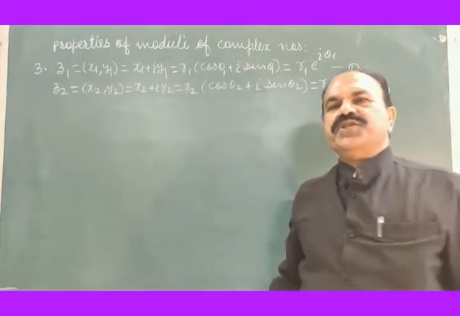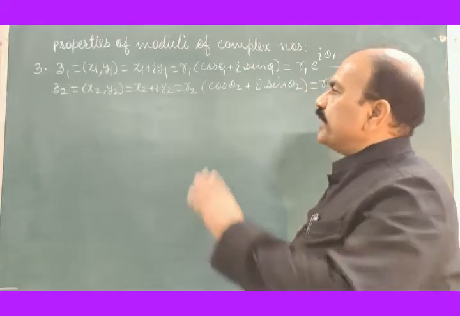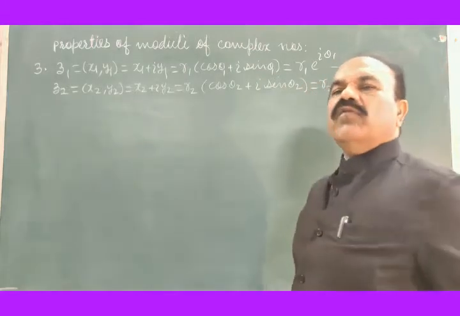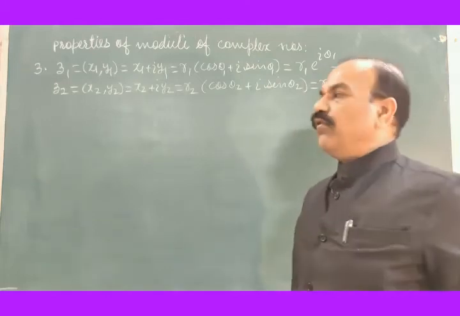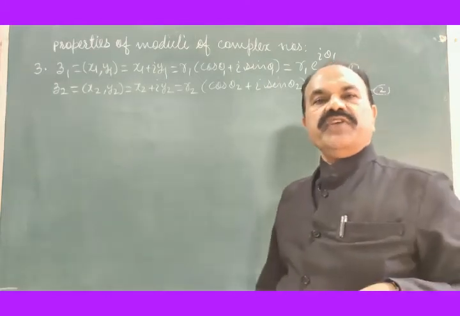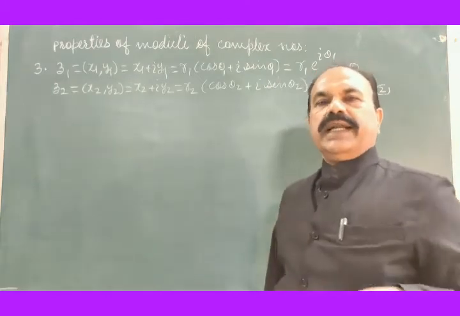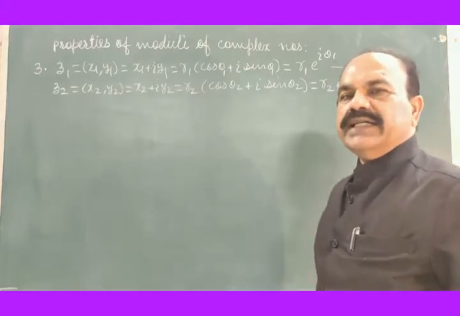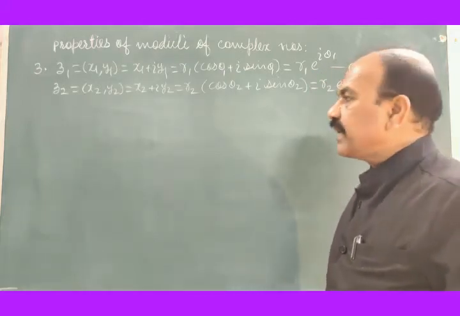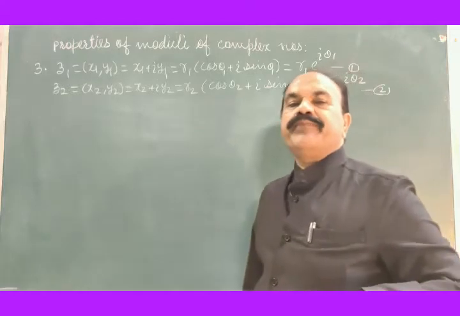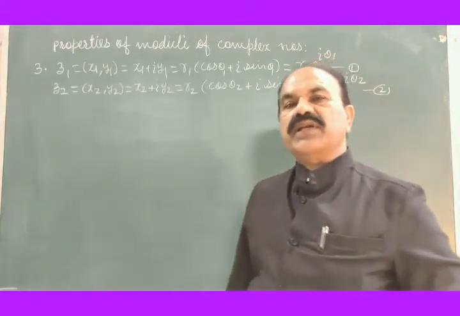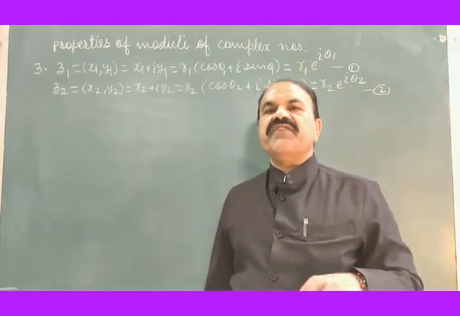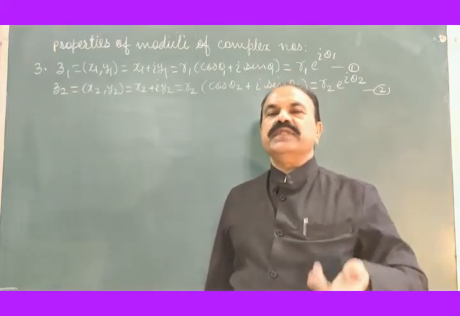Let us consider these two complex numbers. Z1 given in all forms, rectangular form, polar form, exponential form. Z2 also given in all forms, rectangular form, polar form and exponential form. What is the property? Modulus of sum of two complex numbers does never exceed sum of their moduli.